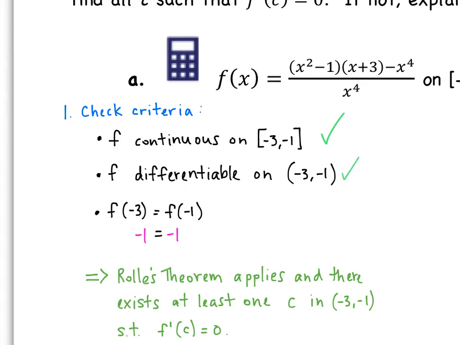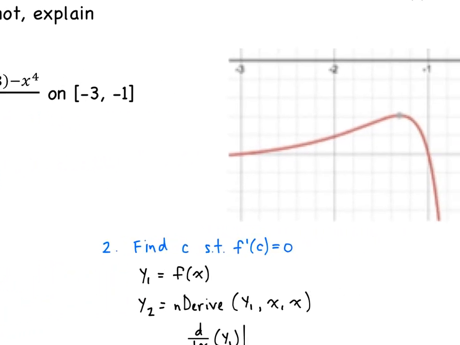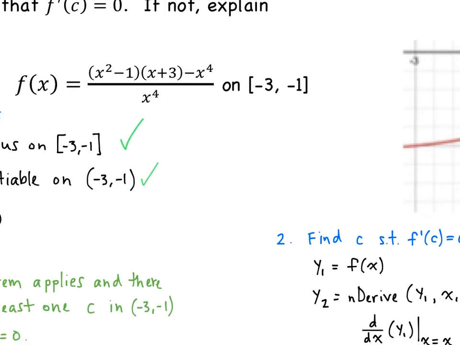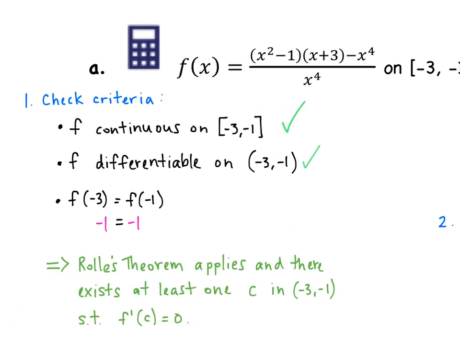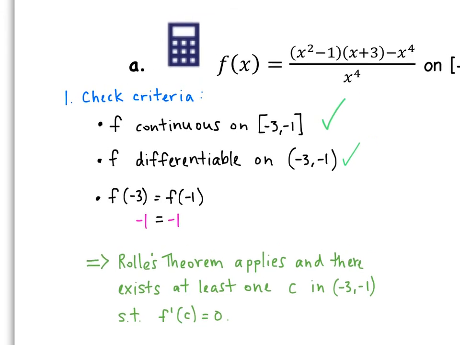The third criteria is, does f of a equal f of b? Again, if we take a look at our graph, we can see that, yes, f of -3 equals f of -1, and they both equal -1 here.